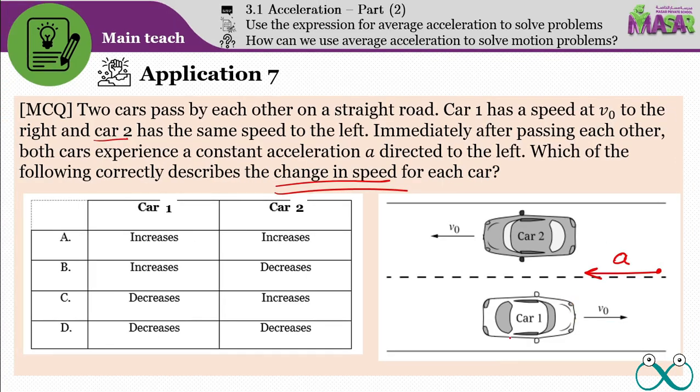As a result, since A and V0 have the same direction in car 2, the speed will increase. And since A and V0 have opposite directions for car 1, the velocity will decrease. This is why the correct answer is decrease for car 1 and increase for car 2. So C is correct.